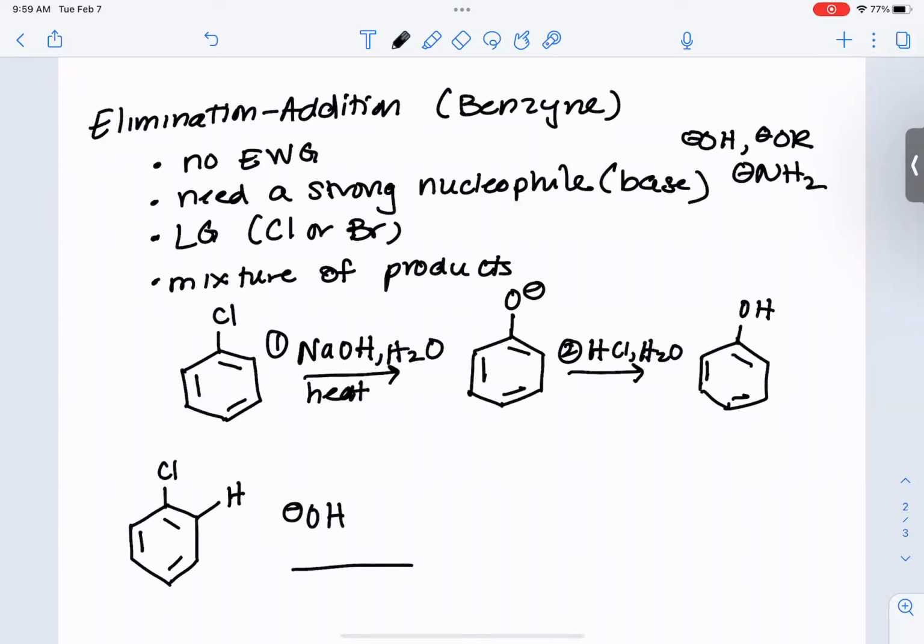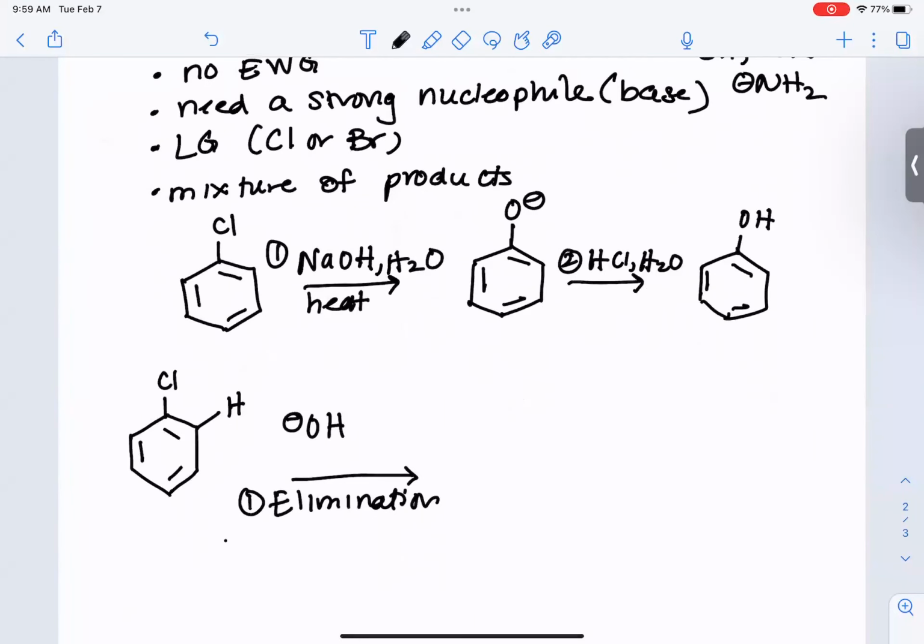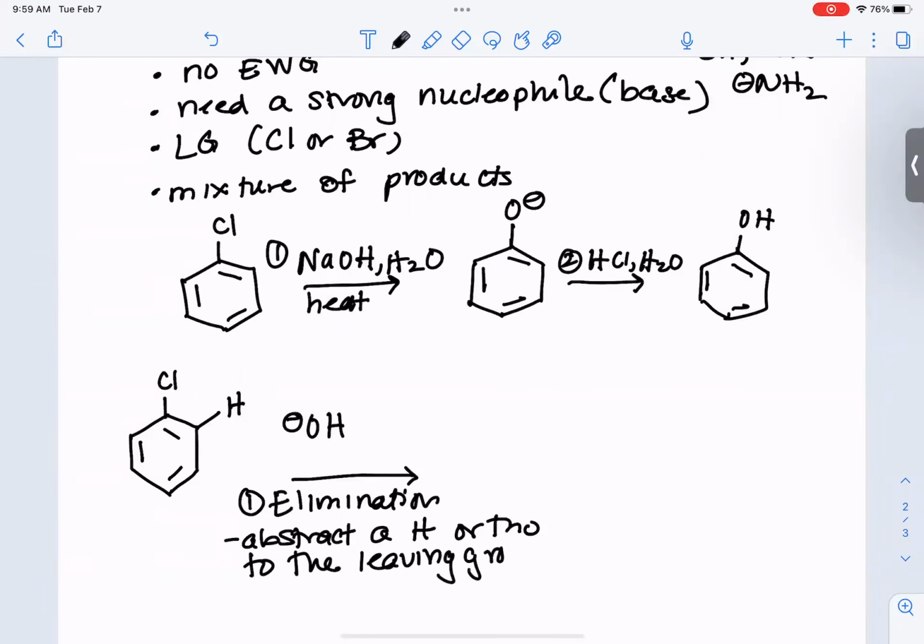Okay, so first step is elimination. The base is going to abstract a hydrogen ortho to the leaving group. I could have gone to either carbon. I'm just choosing this carbon. So I'm going to take this hydrogen.